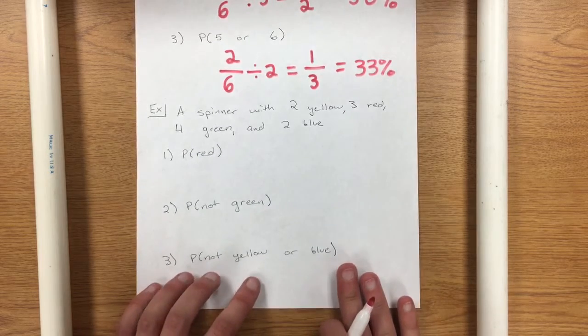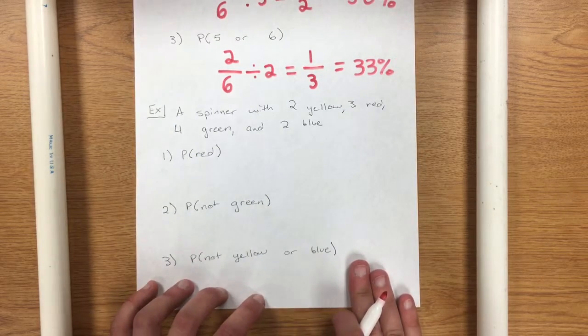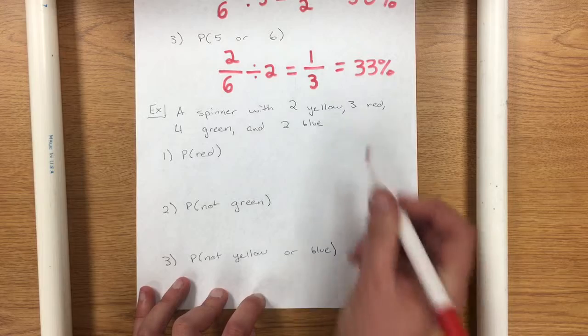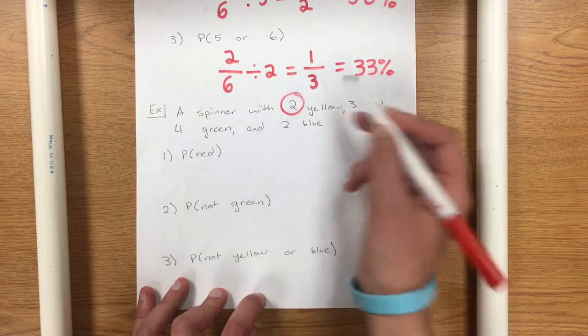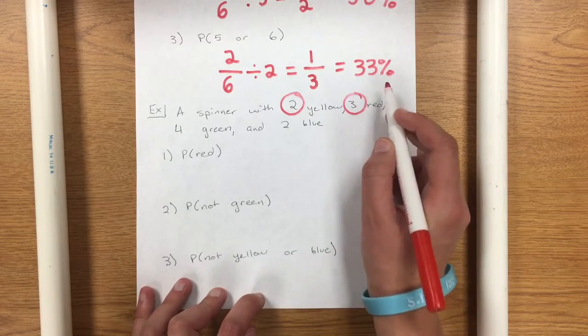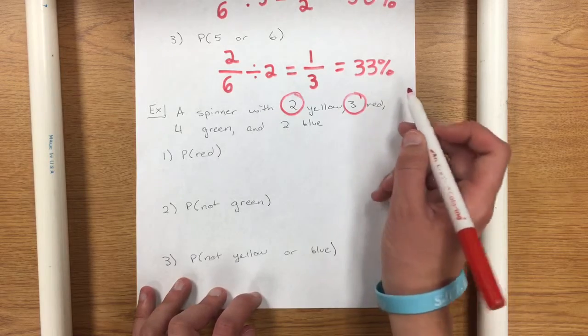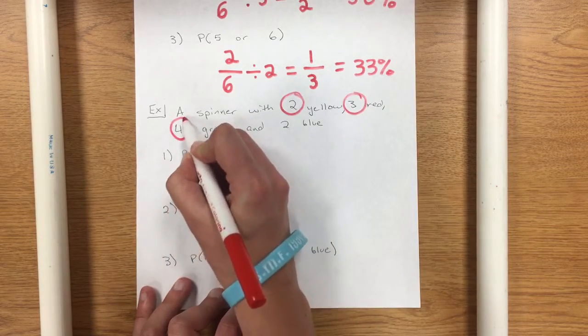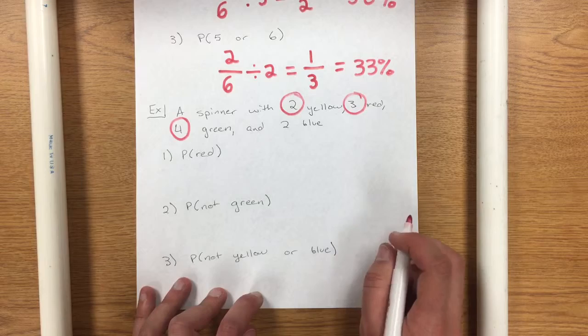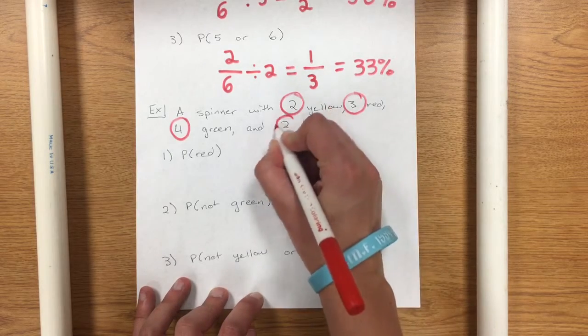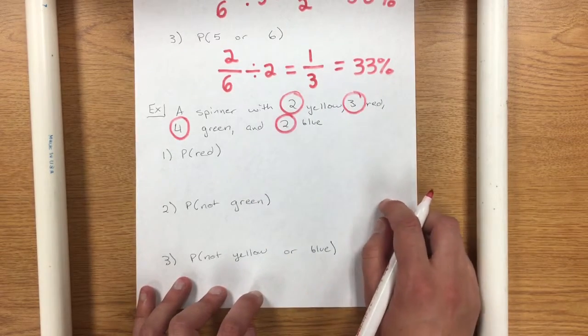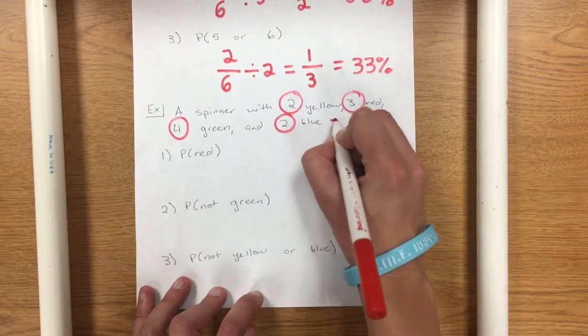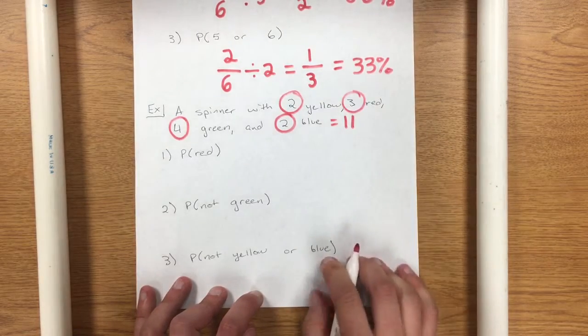First we need to add up all of our different possibilities so that we can find the total. So 2 plus 3 is how many? 5. 5 plus 4 is how many? 9. 9 plus 2 is how many? 11. So our total is 11.